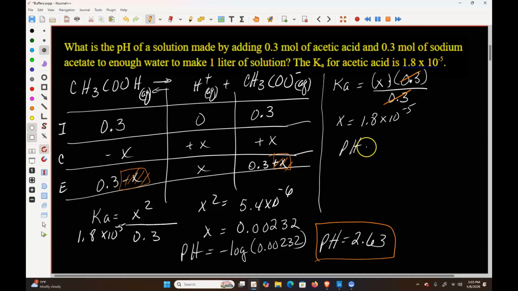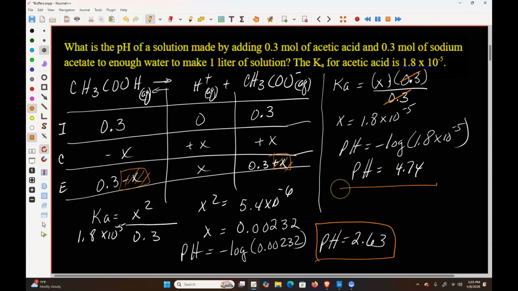So the pH is going to equal the negative log of 1.8 times 10 to the negative 5. So the pH is going to equal 4.74. So this is with the salt. This is without.